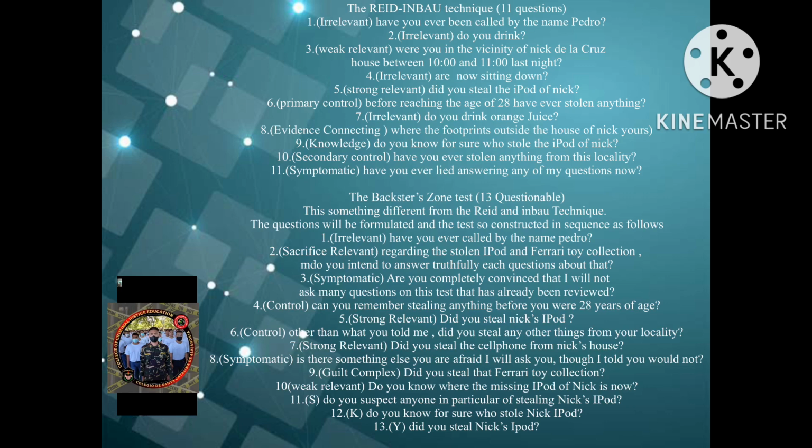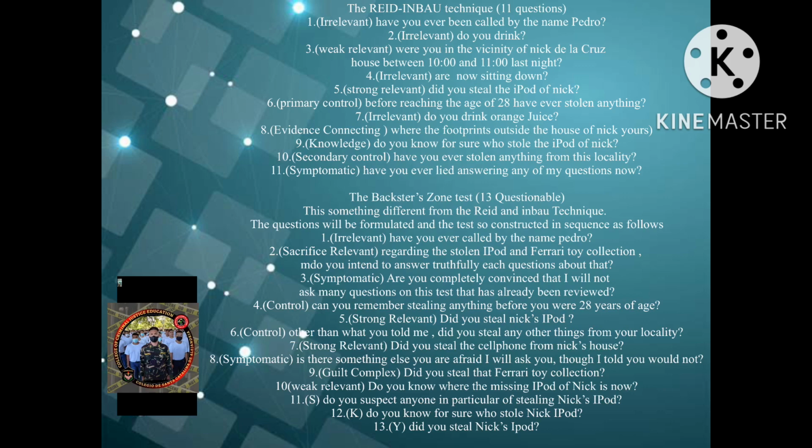So number 8 is evidence connecting. What is evidence connecting? An evidence connecting question is designed to determine if the examinee was involved with any evidence of the crime or is aware of the nature and location of various items of evidence. So the example of that is, were the footprints outside the house of Nick yours? So that's the example.